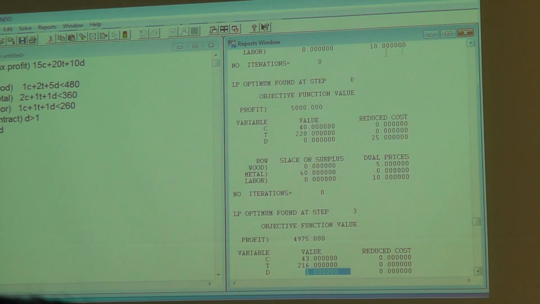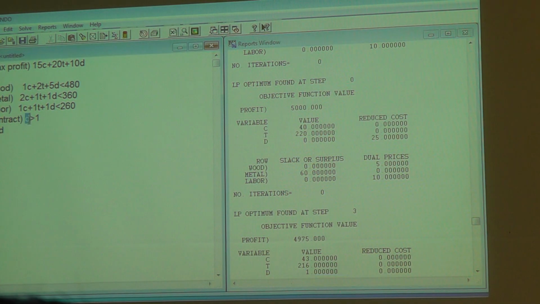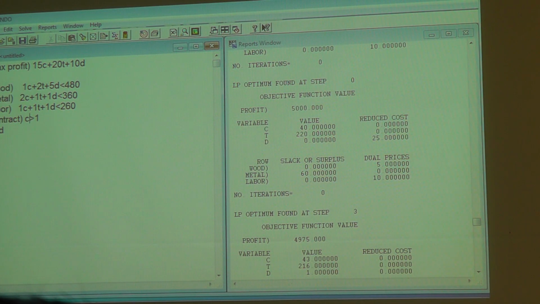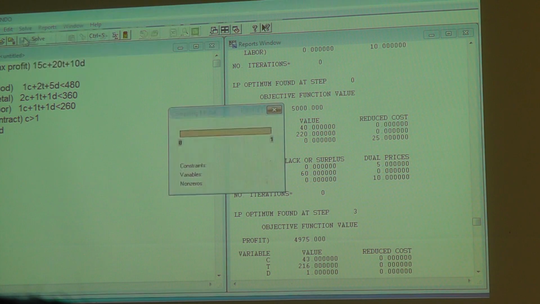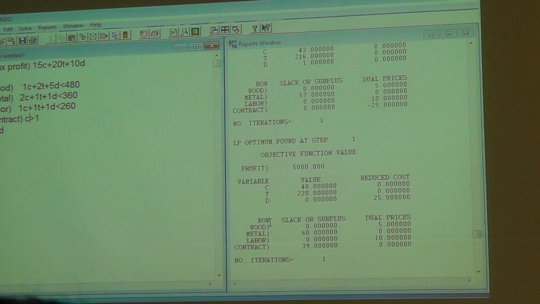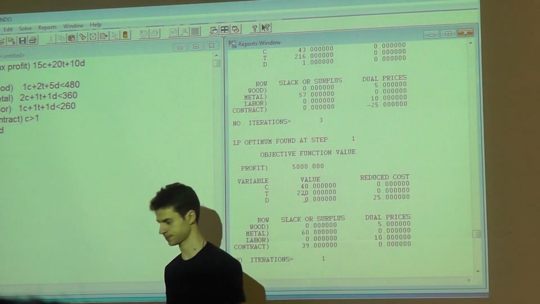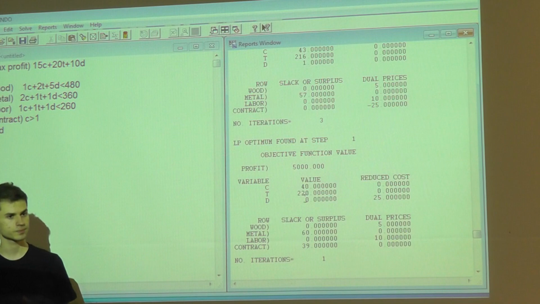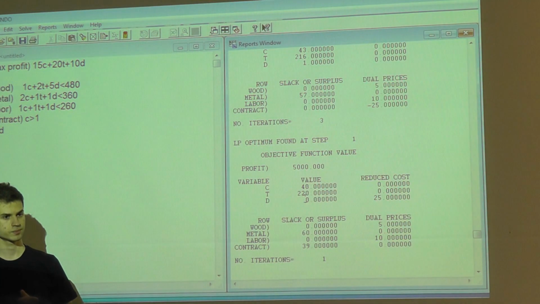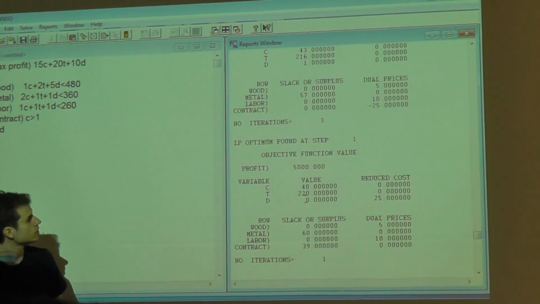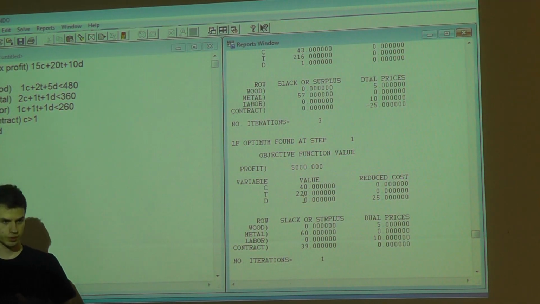So if the contract was instead that you want to produce at least one chair, of course there is no change in the profit, and no change in production mix, nothing. So this is the meaning of this reduced cost being zero. What if the contract was such that you have to produce more chairs than the current value? So if there's like 41 chairs.